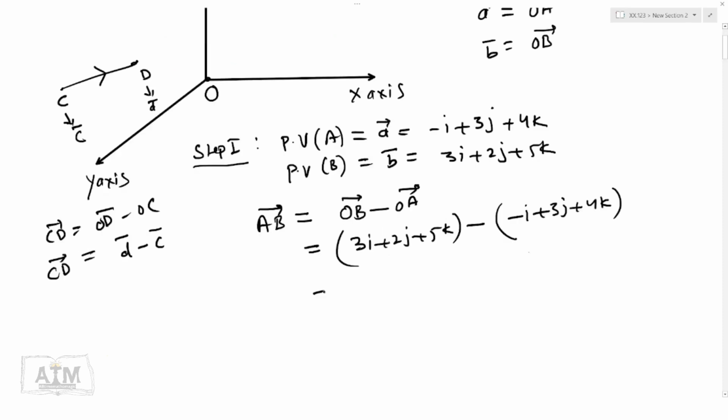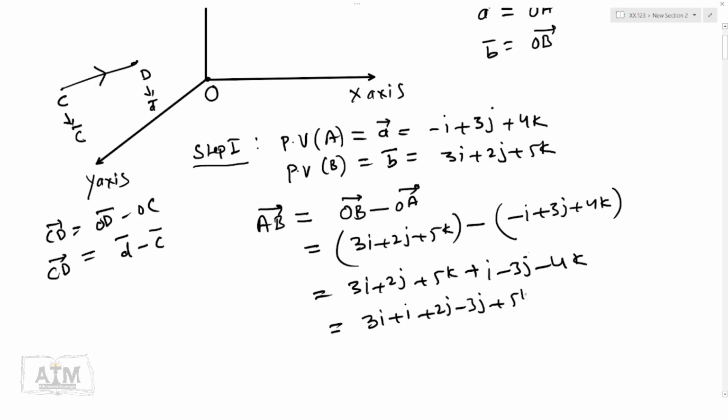Now, opening the bracket, 3i plus 2j plus 5k plus i minus 3j minus 4k. Bringing the similar terms together, 3i plus i, 2j minus 3j, 5k minus 4k, that equals 4i minus j plus k, that is 4i cap minus j cap plus k cap.